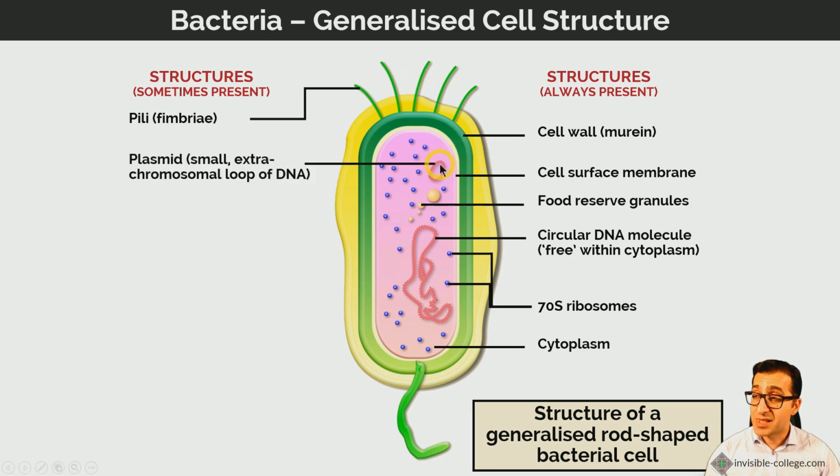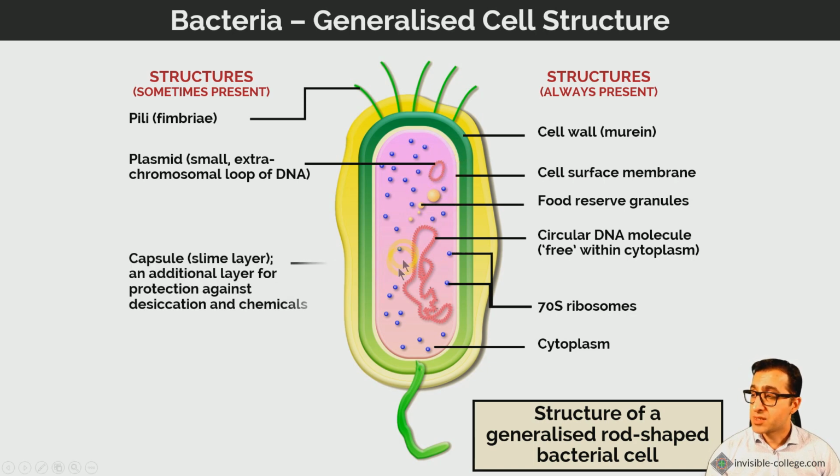You also sometimes have these smaller loops of DNA called plasmids. Now, these can be used to pass genetic information from one bacterium to another. And so these are quite important in understanding how bacterial resistance to antibiotics is spread from one bacterium to another. And this is something that we're going to be referring to in later lessons.